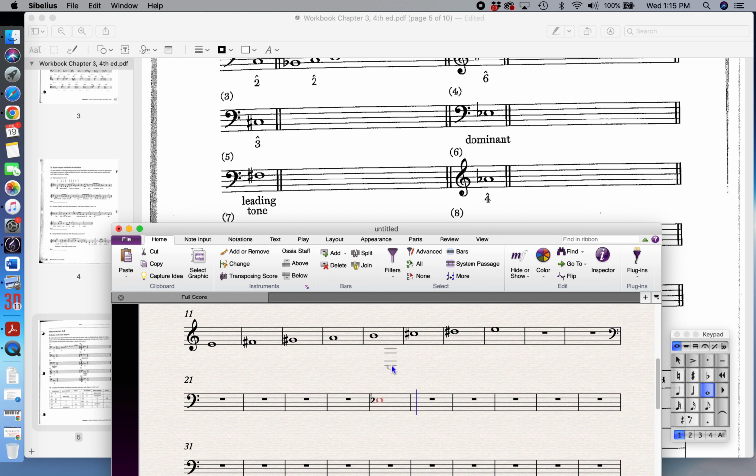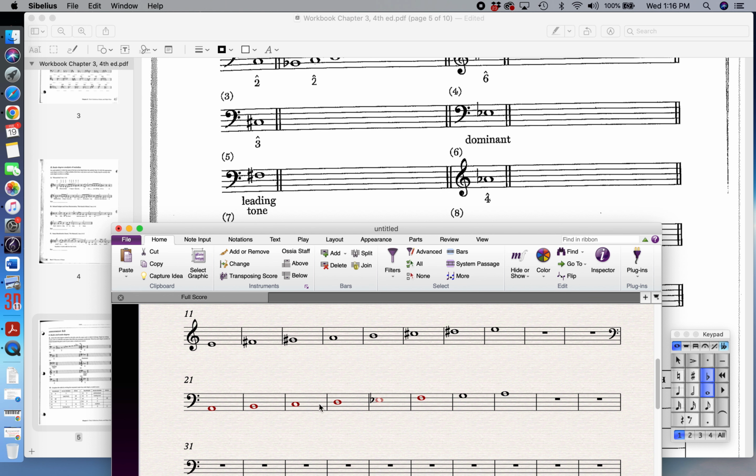Okay, now I have to go backwards from there, right? And I also need to go up from there. Okay, so that was 6, 7, 8.